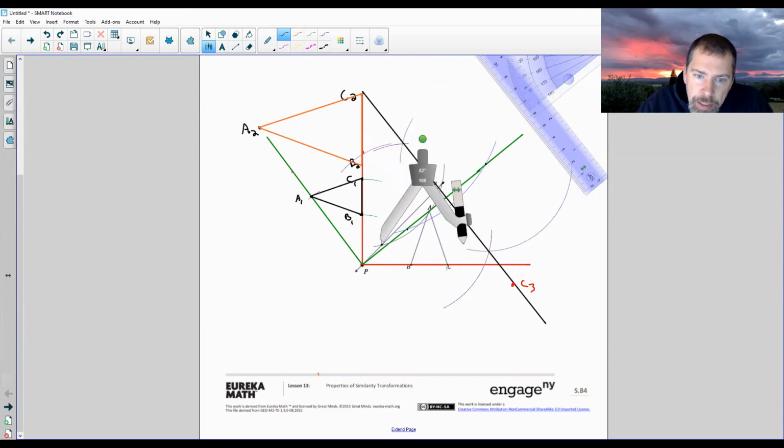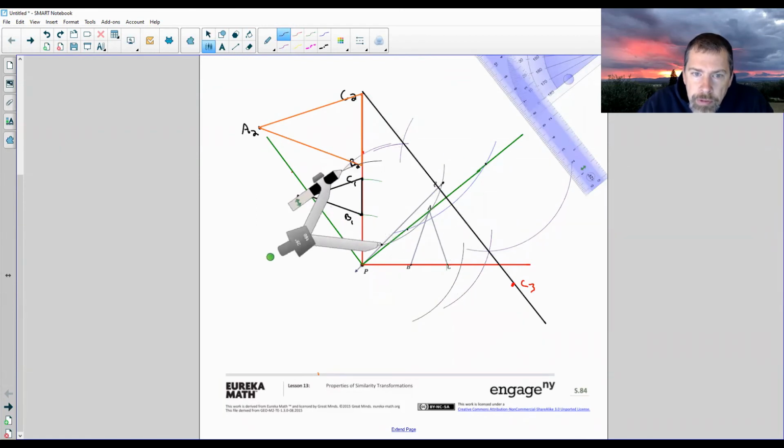So then I put my compass on B. Make an arc over to the other side. Make an arc. Move it over to here. Rotate. Make an arc. Rotate. Make an arc.